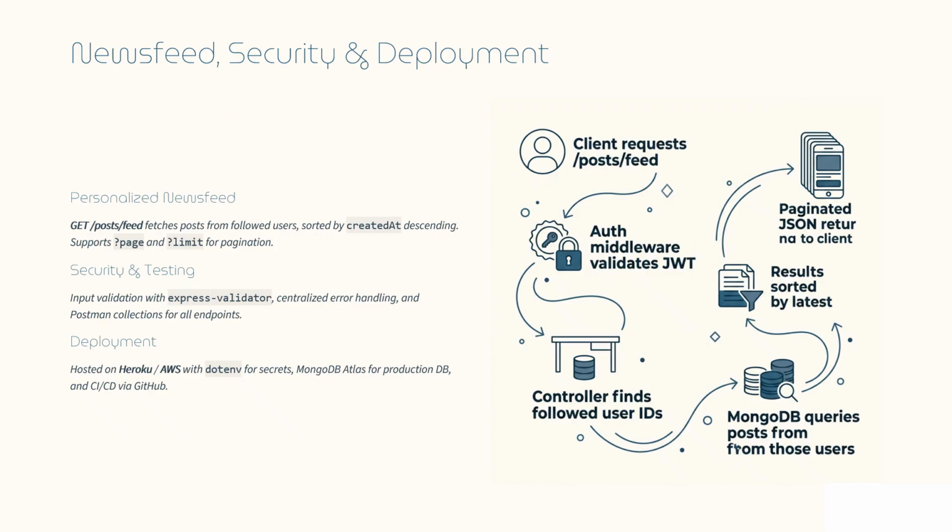Newsfeed, security and deployment. One of the implemented features is the personalized news feed. The system fetches posts from followed users and displays them in chronological order. Pagination is implemented using page and limit parameters for better performance.